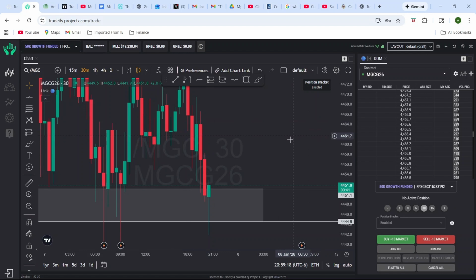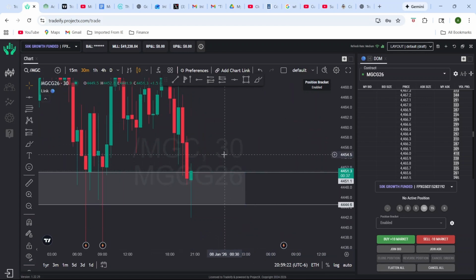All right, so we have 40 seconds left on this 30-minute candle, and it is looking really good. So as long as it leaves a wick on the top right here, then we are good. We just need a lower wick and then a break to the top. So it's looking good. We have to wait and see.